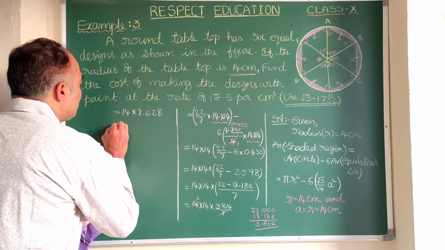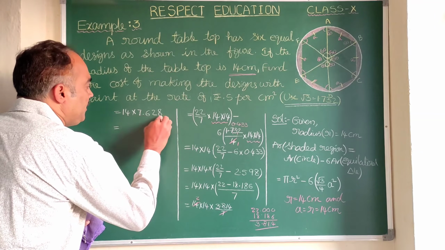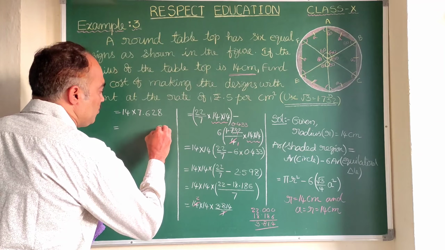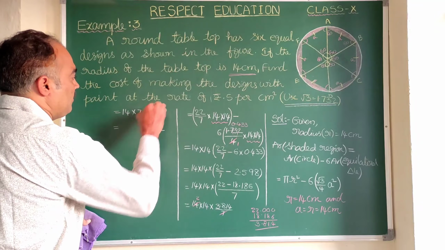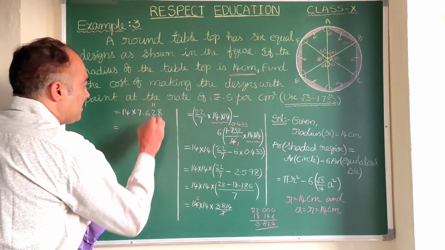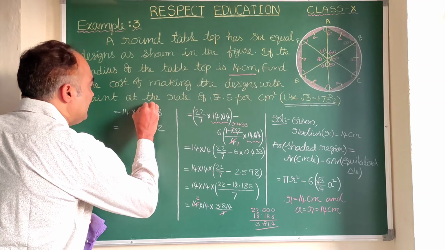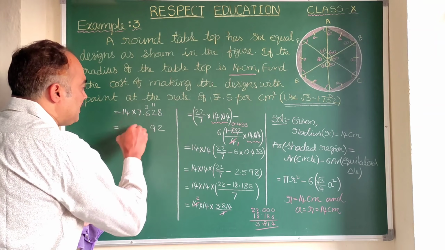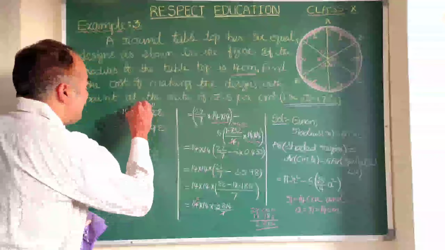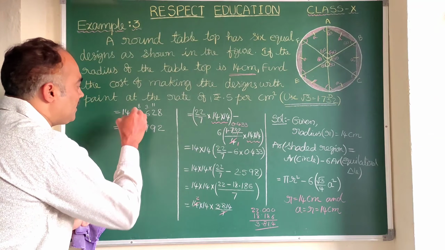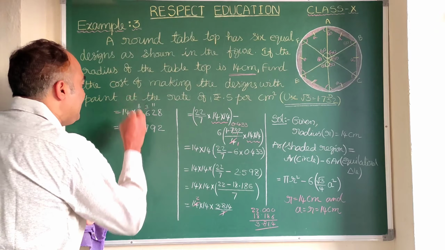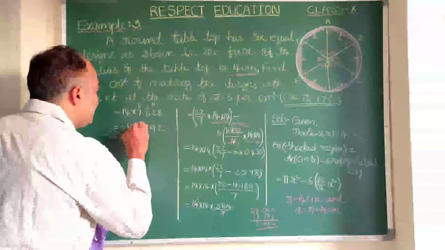Right. Now let's multiply here. 14 into 8 is 112. So here 2 and 11 is carry forward. 14 2s are 28 plus 11 is 39. Here 3 is carry forward. 14 3s are 84 plus 3, 87. Here 8 is carry forward. 14 7s are 98. 98 plus 8 is 106.